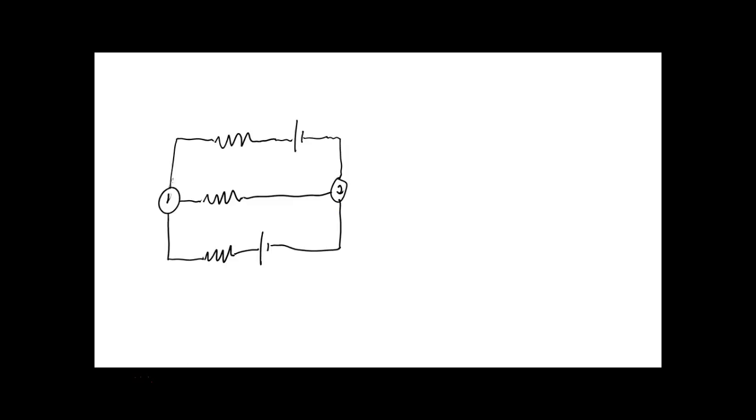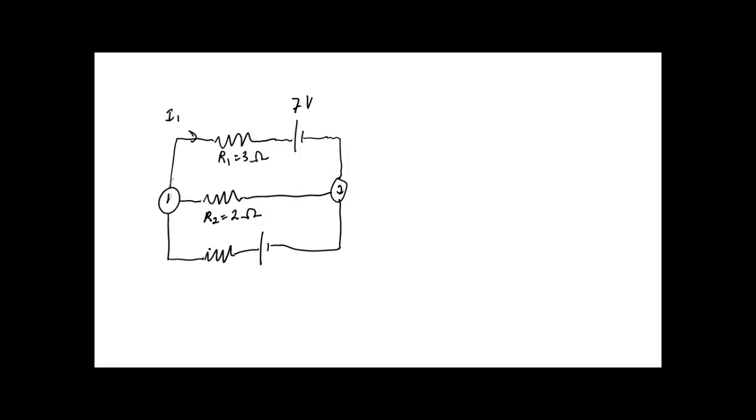Now, let me fill in the blanks here. This we're going to call, or they chose to call, current 1. And they call this resistor 1, and they tell you this is a 3 ohm resistor. This is a battery. They don't give it a name or a number, but they just tell you it's a 7-volt battery. This is your resistor 2, and they tell you this happens to be a 2 ohm resistor.